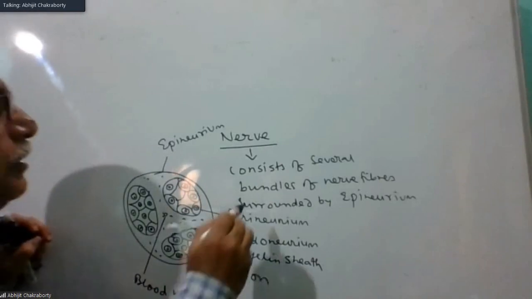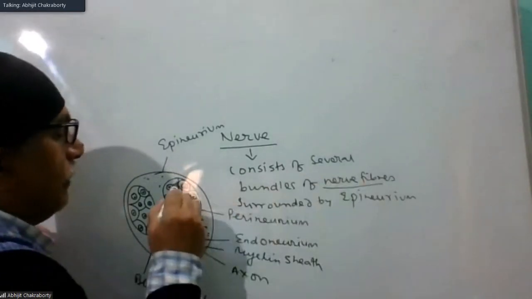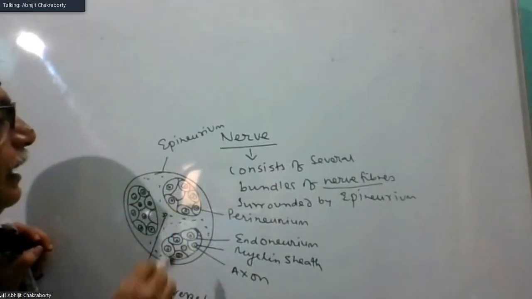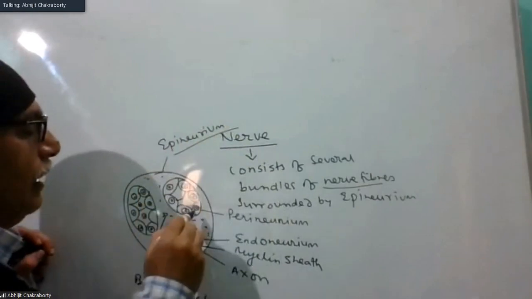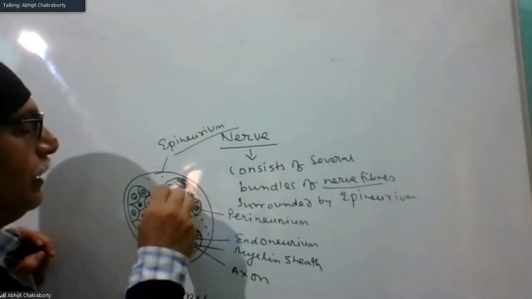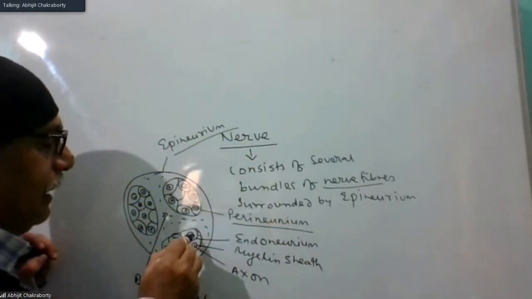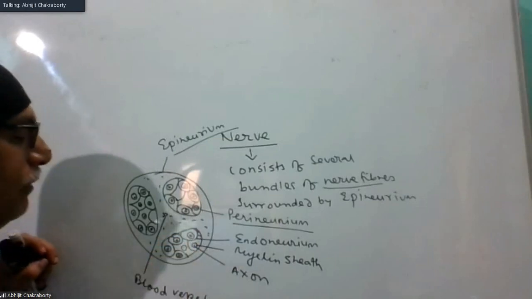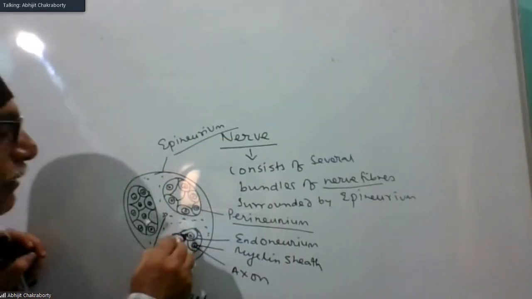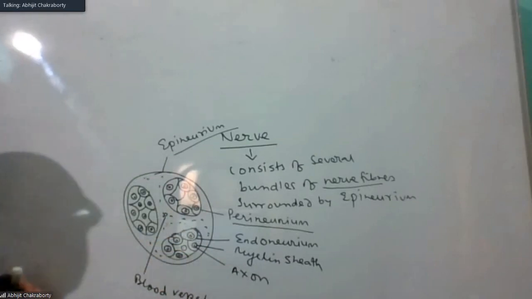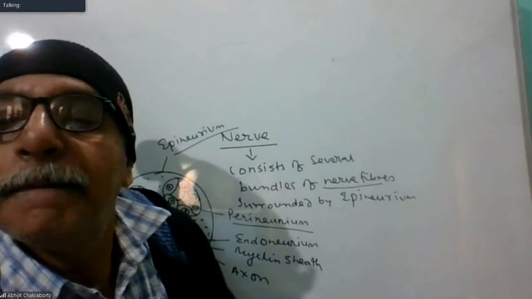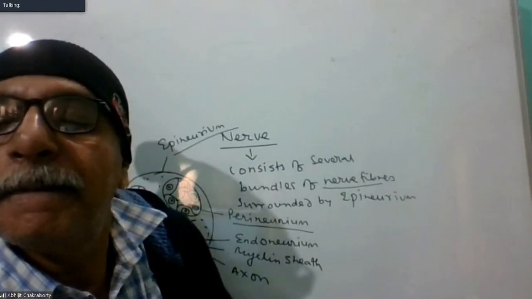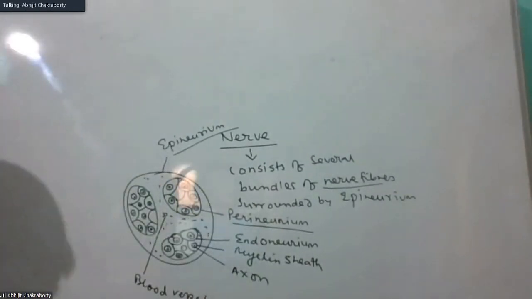So consider several bundles of nerve fibers, together surrounded by epineurium. Each bundle is surrounded by perineurium, inside which you will get the endoneurium, and in the center you will get the axon, surrounded by the myelin sheath. This is what I mean about the structure of a nerve.